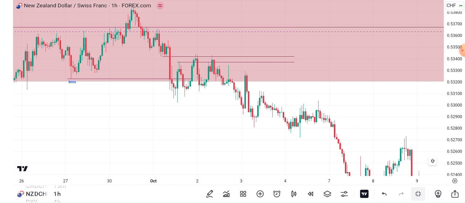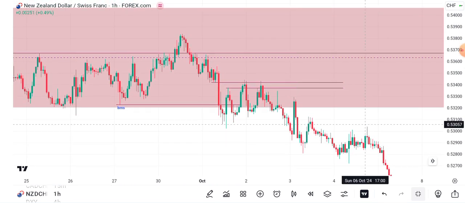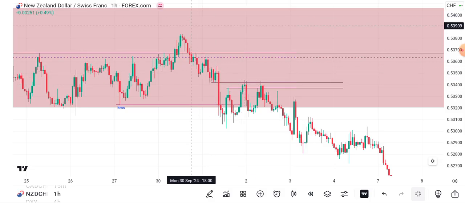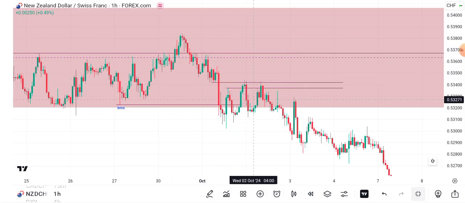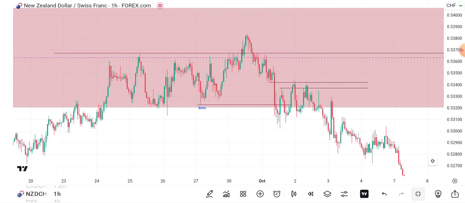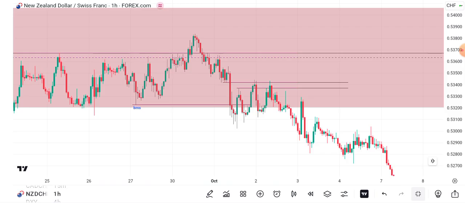So setting your position in this fair value gap here, and then putting your stop loss at the top here with proper risk management, this trade is worth taking. And it's very interesting.